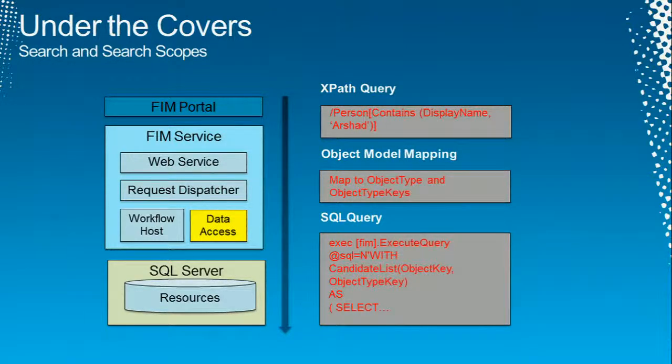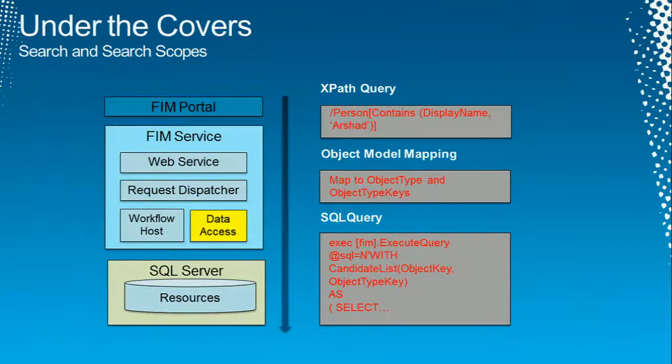The FIM service takes that XPath and parses it, translates it into an object model, and from the object model it generates an XQuery. So the string the user types in is converted into an XPath, the XPath is sent to the FIM server, the FIM service converts it into an object model and then subsequently into the SQL query that is going to be executed against the SQL server.